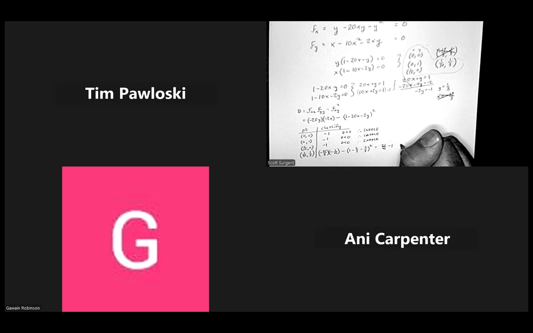Interesting. I can't imagine we get all saddles because this whole thing will be negative. So that'll be another saddle. Hmm. Looks right. I don't think I've made any mistakes. I'm just kind of skeptical. Why would you get 4 saddles?